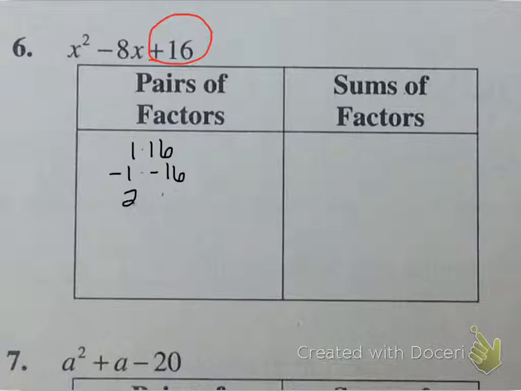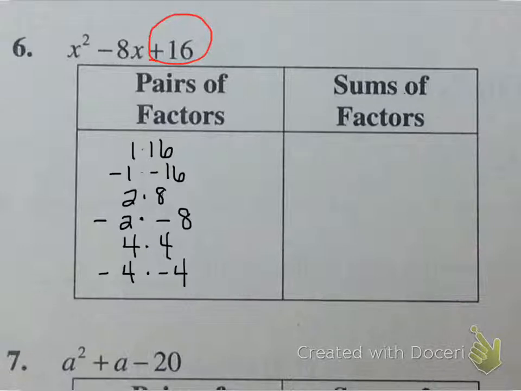We could have 2 times 8, or negative 2 times negative 8. 3 doesn't go in. We could have 4 times 4, and we could have negative 4 times negative 4. So these are all the different pairs of factors that would get us 16.